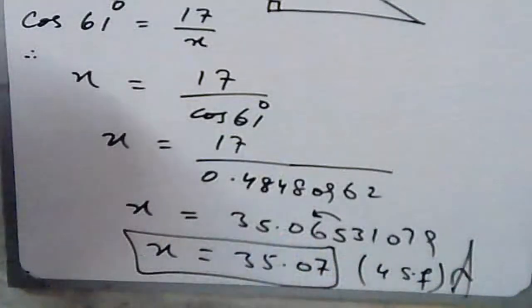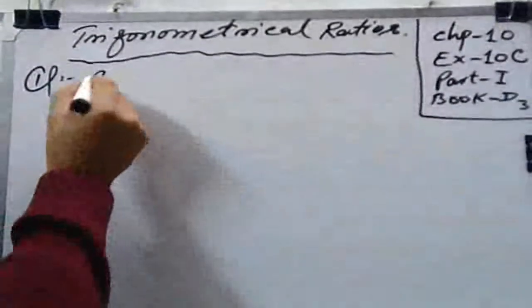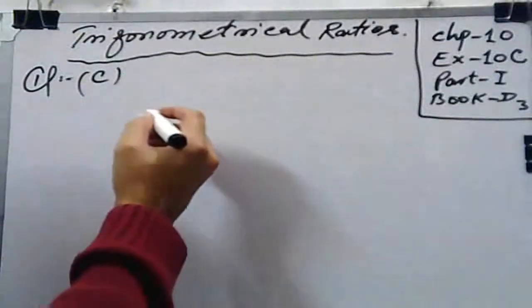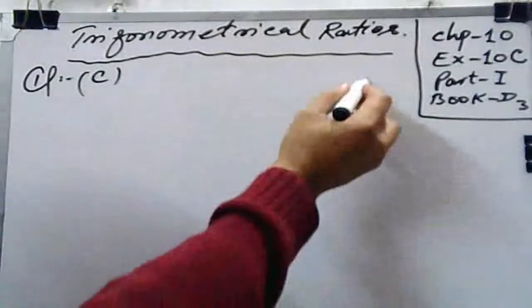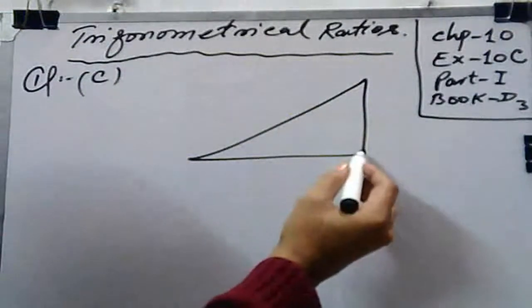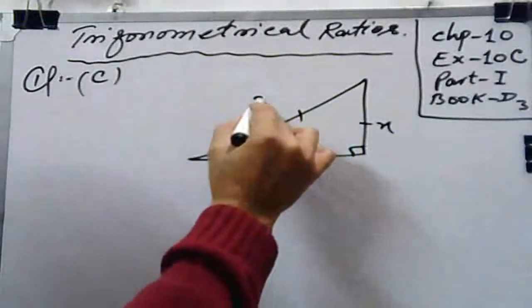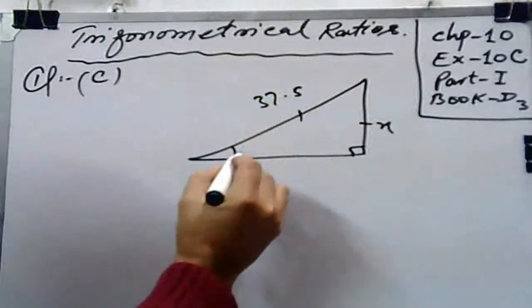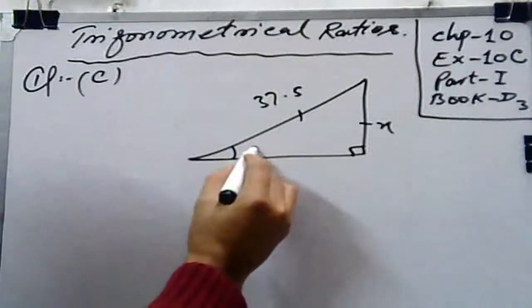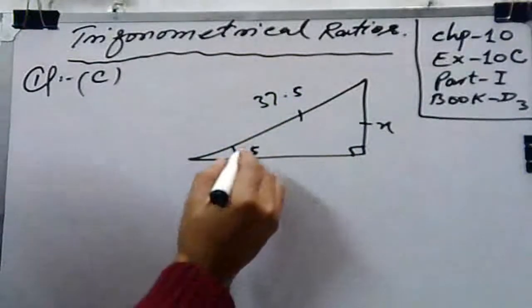Similarly, coming to the C portion, in C portion, the given triangle is like this. In your book you can see that is your given triangle, that is your 90, here is x, this one is 37.5, and here is 15 degree.